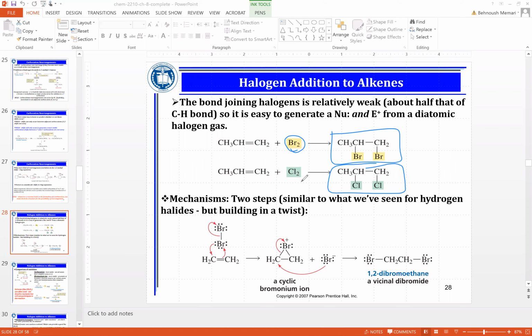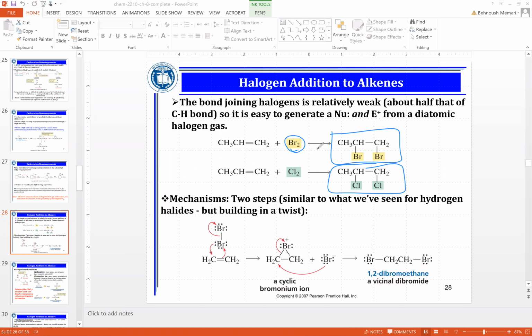Neither, because the first Br added to one carbon and the second Br added to the other carbon. So there is no discussion about Markovnikov or anti-Markovnikov addition. When you're adding H2, it's the same thing. Hydrogen is added to one carbon, the other hydrogen is added to the other carbon. So there is no Markovnikov or anti-Markovnikov discussion.